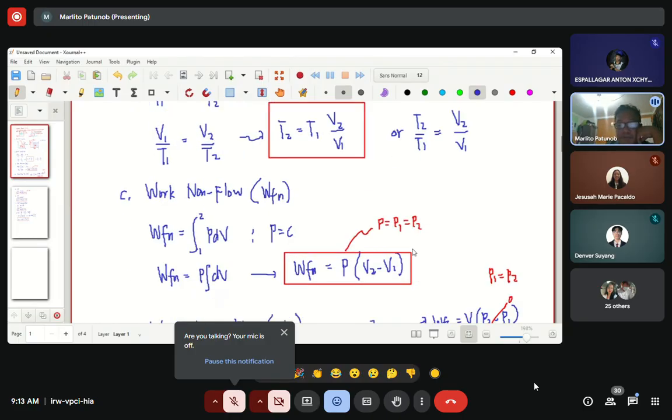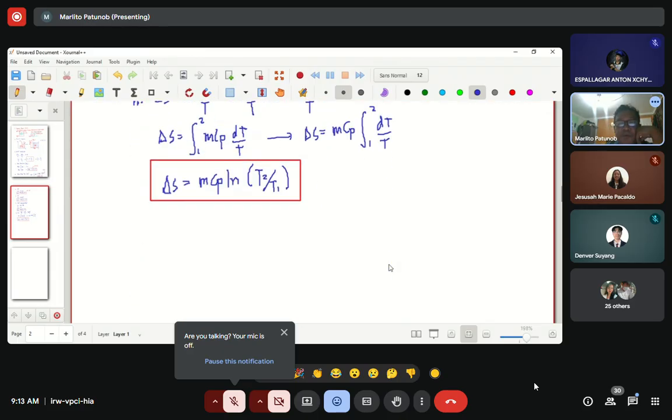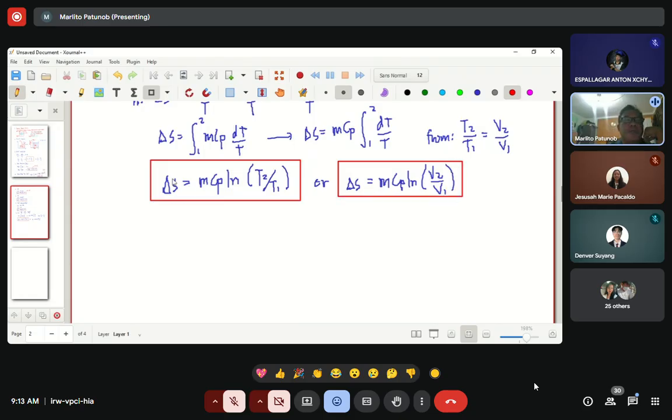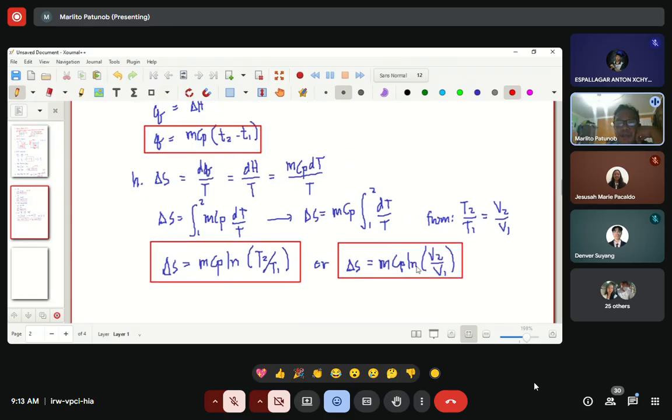T2 over T1 is V2 over V1 for the same process. So you can say that delta S, that is m Cp ln, can also be V2 over V1. So that's the process.